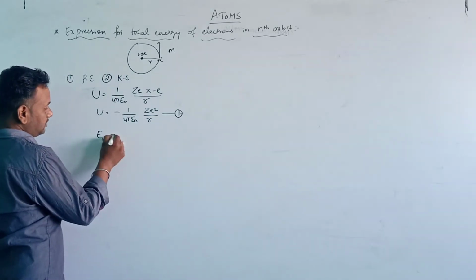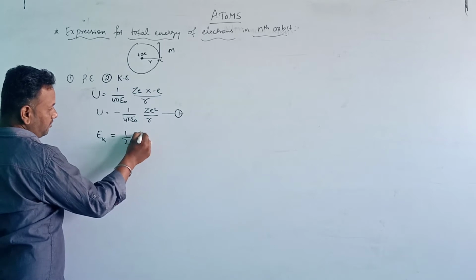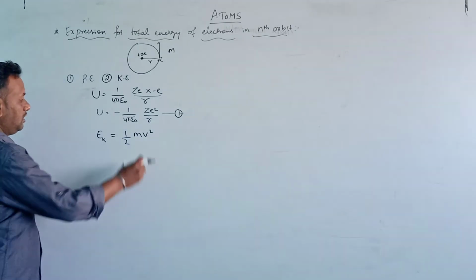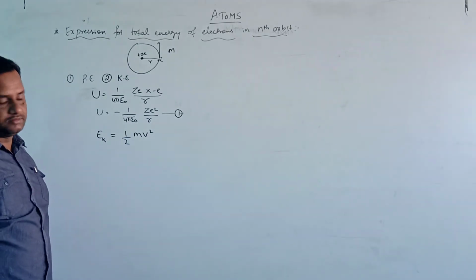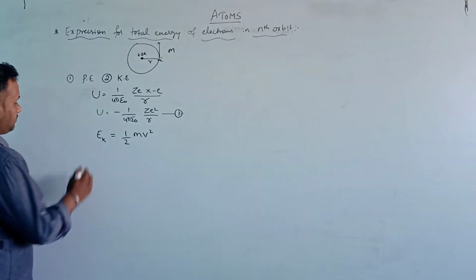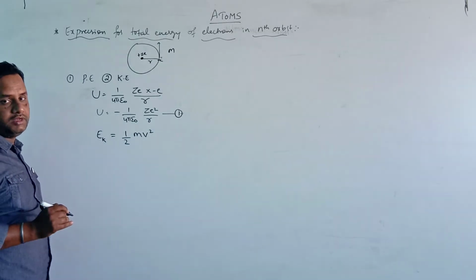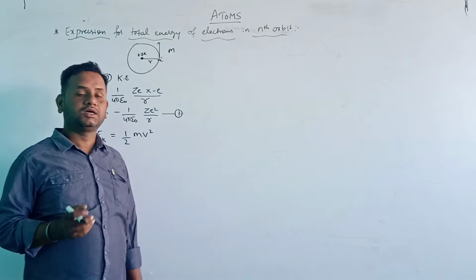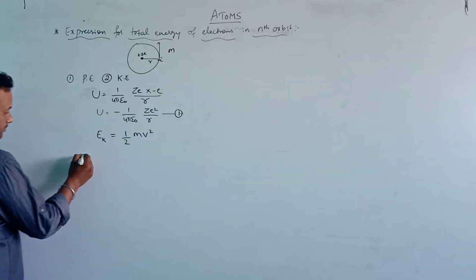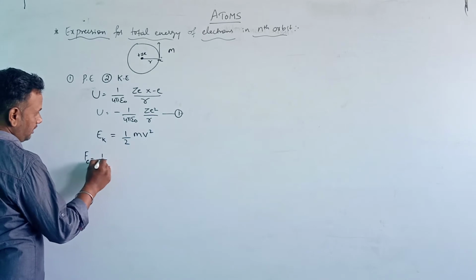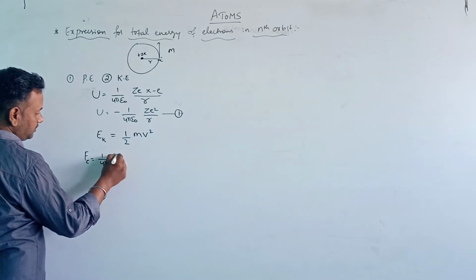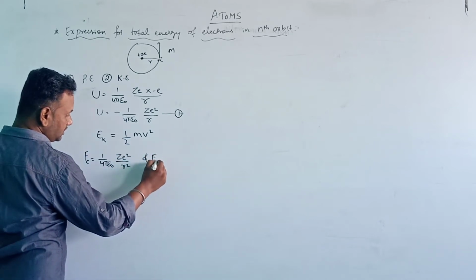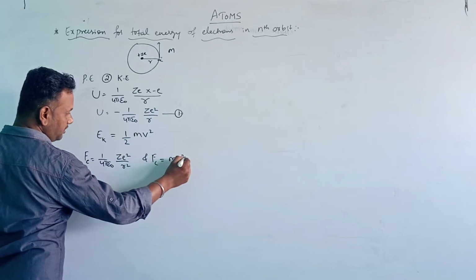As we know, kinetic energy is half mv square. Now, when the electron is revolving around the nucleus, the electrostatic force between the electron and the nucleus is Fe equal to 1 by 4 pi epsilon naught Ze square divided by r square, and the centripetal force is mv square divided by r.